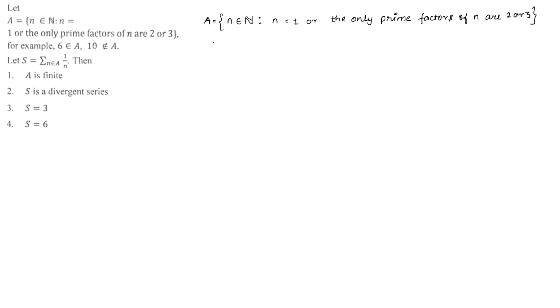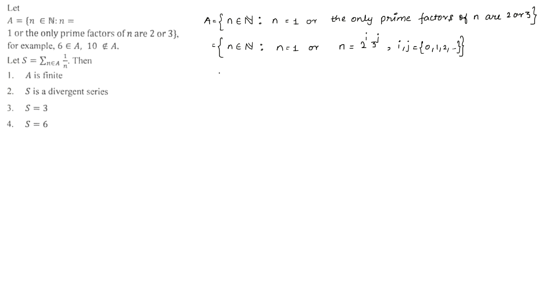So basically A is the set of all those natural numbers such that either n is 1 or n is equal to some 2 raised to i, 3 raised to j, where i and j belong to the set 0, 1, 2, 3 and so on.